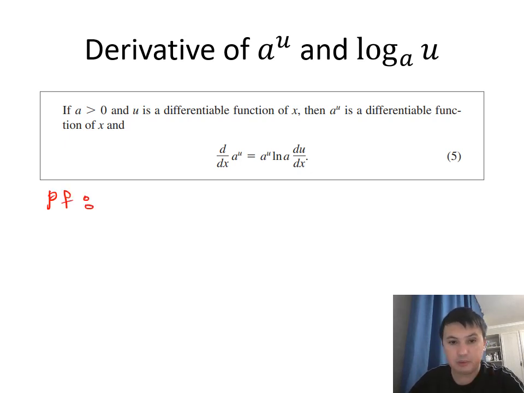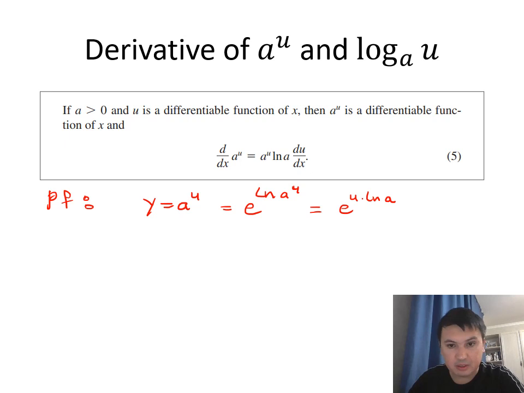Okay, so here's the proof. I have y equal to a to the u. Well, I could also write it as e to the ln of a to the u, remembering the relation e to the ln. They cancel out, so this is e to the u times ln of a.